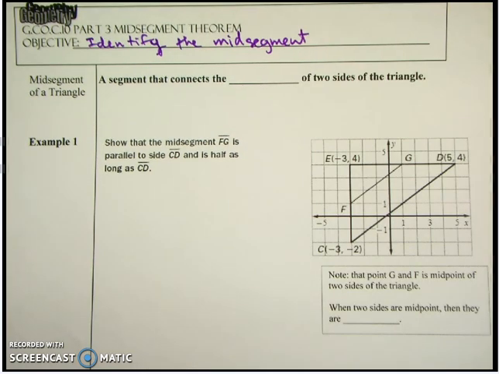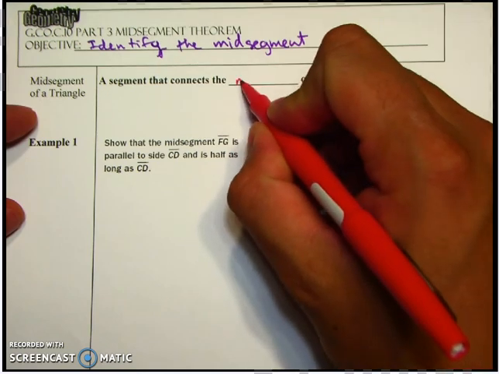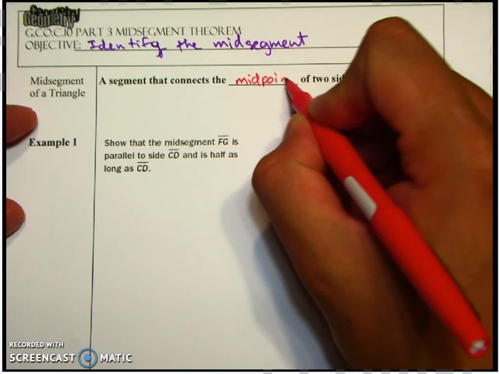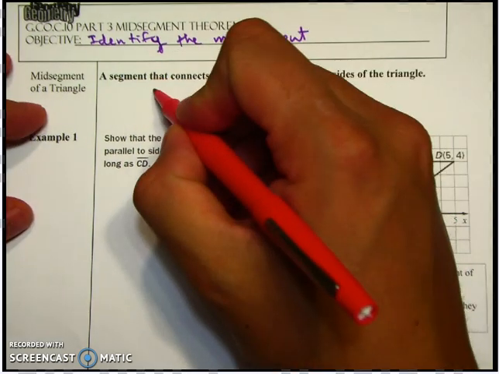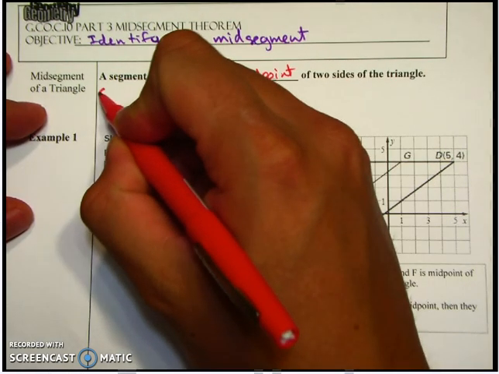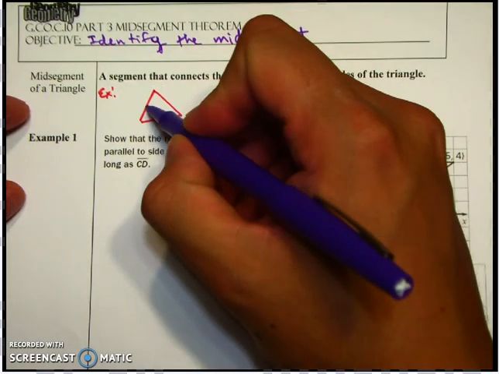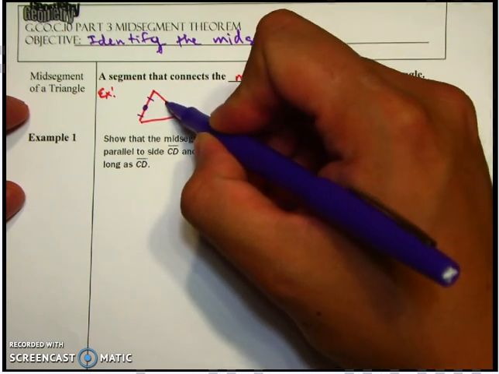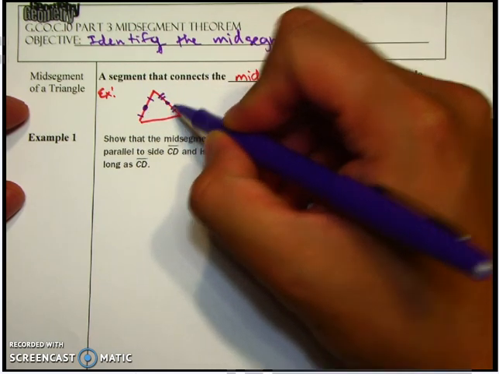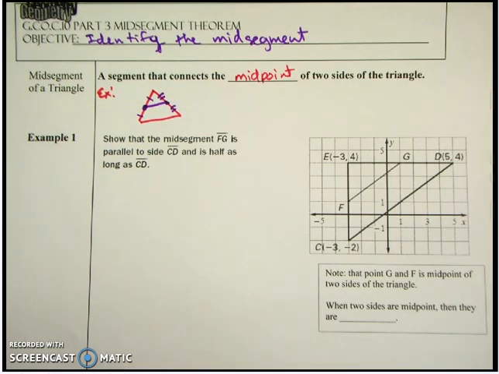So by definition, a mid-segment of a triangle is basically a segment that connects the midpoints of two sides of a triangle. So let's say you have a triangle here, for example, and you find the middle of this side here, so that means these two are the same, and you find the middle of this one, these two are the same, and there you go, you connect it, midpoint to midpoint.